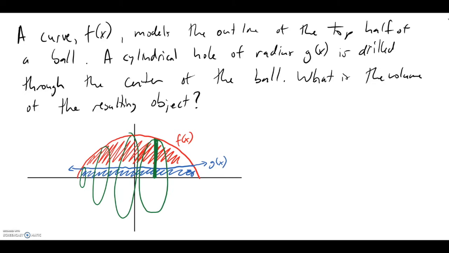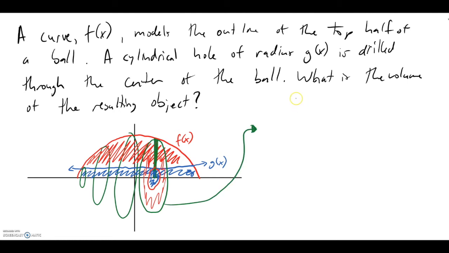But what's happening in this problem is a little bit different. I have one region of my representative rectangle that's going to represent the solid part of the ball, right here. And I have one region that's going to represent what is getting drilled out of the center, the volume that will no longer be a part of my resulting volume.